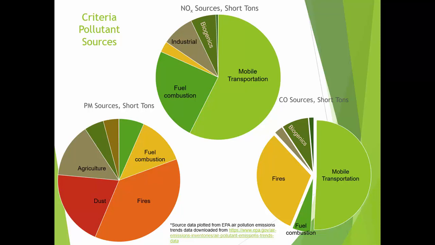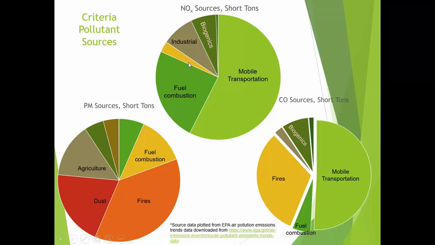So of these criteria pollutants, each one has a different primary source. So nitrogen oxides, or NOx, the primary source for these is mobile transportation. So when we combust fossil fuels in cars and trucks, that's putting a lot of NOx into the air. And then fuel combustion at power plants, so that's electricity generating power plants, like natural gas combustion, that's also a big source.